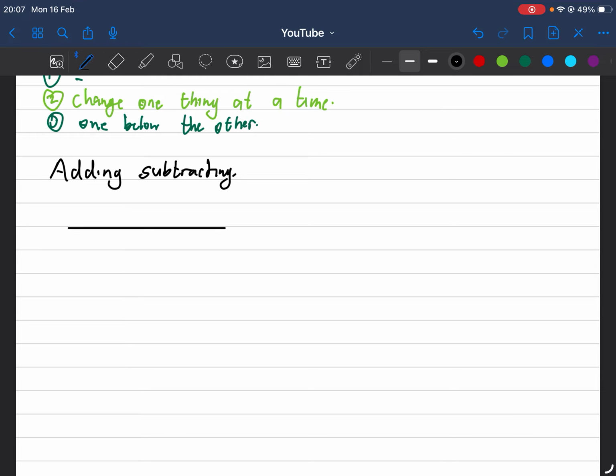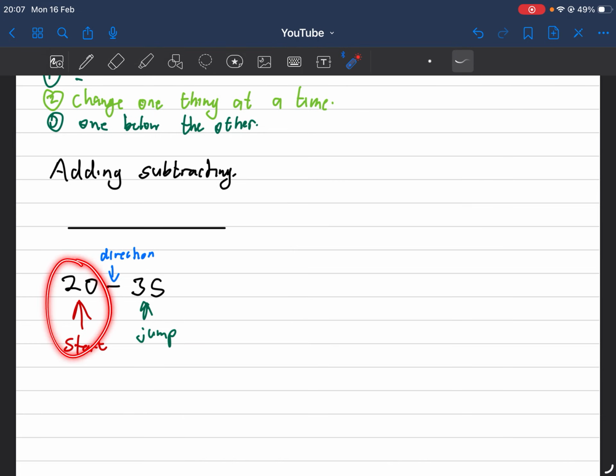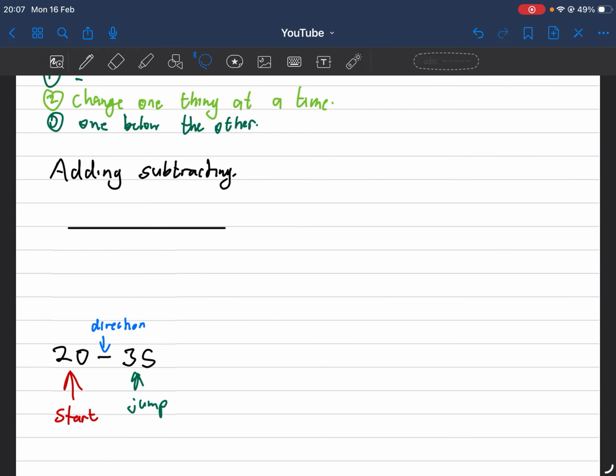For example, if you had 20 minus 35, the concept is you start at this number and you jump this many times and you jump in this direction. So we start from the number 20, jump 35 to the negative, which is going to be your left hand side.